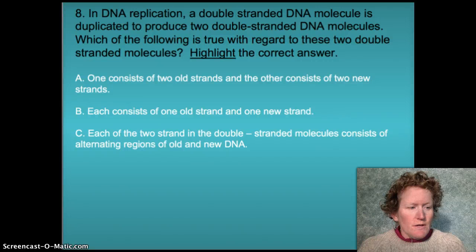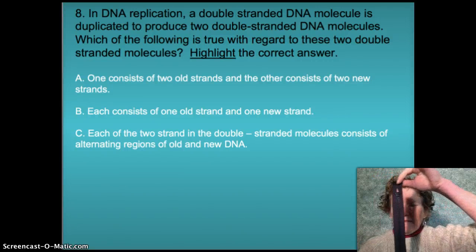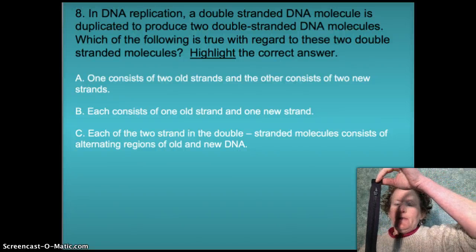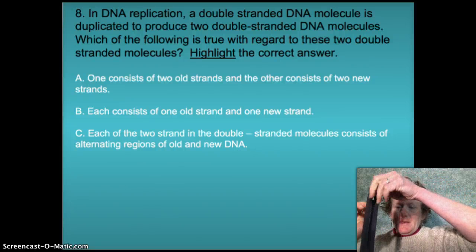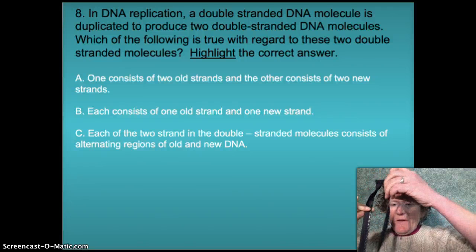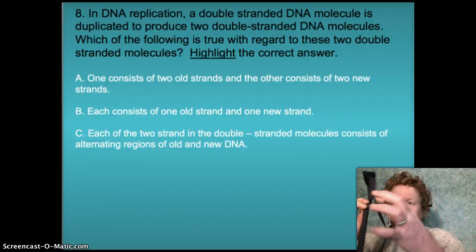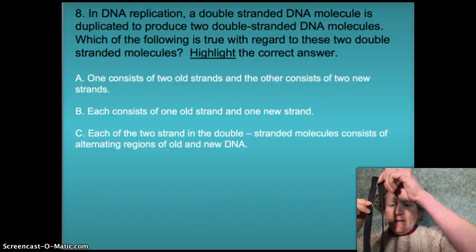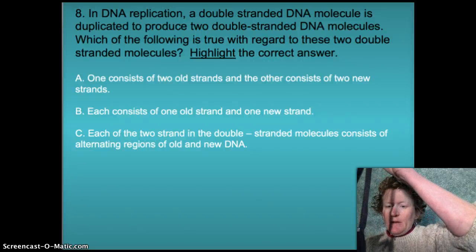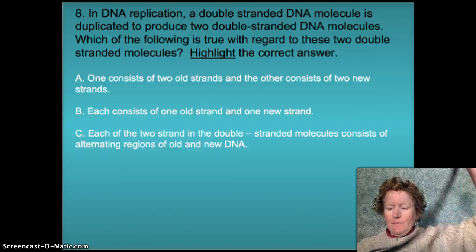I can demonstrate a little bit with a zipper here. If we consider the zipper here to be the DNA molecule that we want to replicate, we consider this fabric part the backbone, the sugar phosphate backbone of the DNA, and the teeth the base pairs. A helicase molecule will come in and basically unzip the molecule.